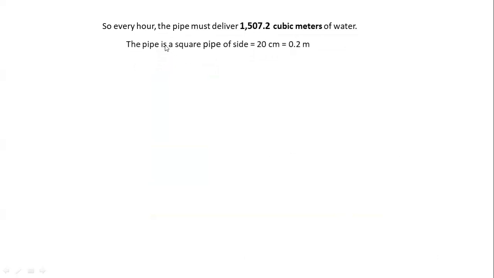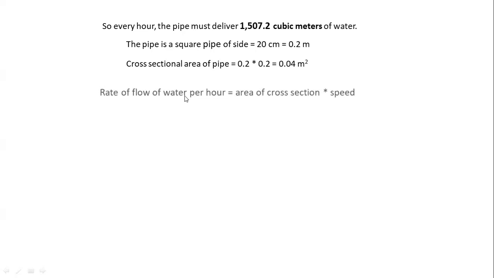The pipe is a square pipe of size 20 centimeters. Since we are calculating everything in meters, we divide this by 100, and it becomes 0.2 meters. The cross-section area of the pipe will be side into side, that is 0.2 into 0.2, that is 0.04 meters square. Clear?